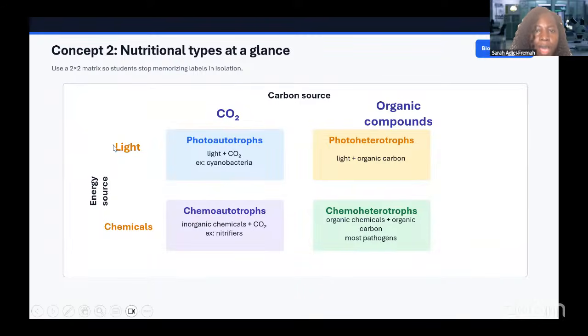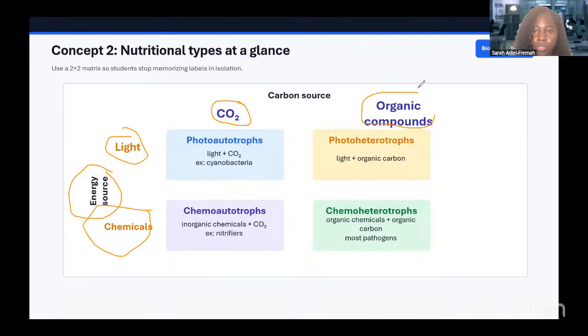Now, how about energy? So if you look at my slides right now, I'm having a 2x2 matrix where I'm trying to capture how microbes get energy from either light or they can get it from chemicals, and then also comparing it to carbon source, either from carbon dioxide or organic source.